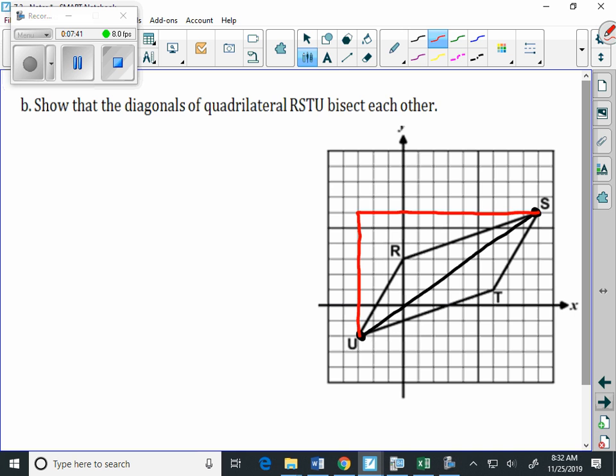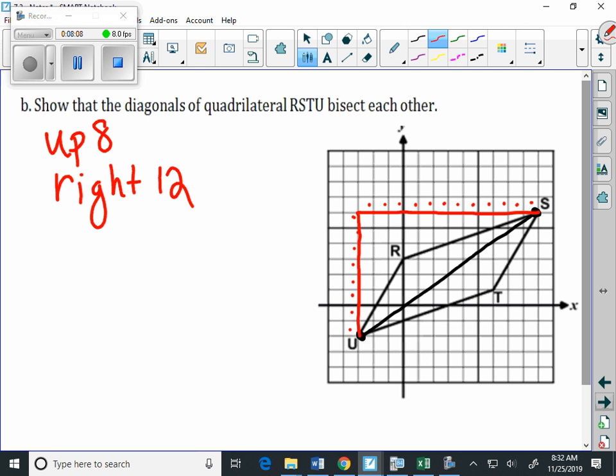So we went up 1, 2, 3, 4, 5, 6, 7, 8. We went up 8, and we went 1, 2, 3, 4, 5, 6, 7, 8, 9, 10, 11, 12. We went right 12. But what we're trying to do is we're trying to find the midpoint.